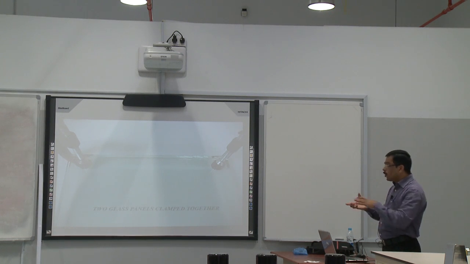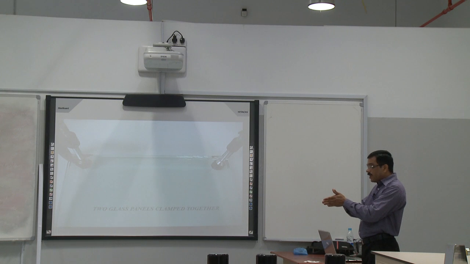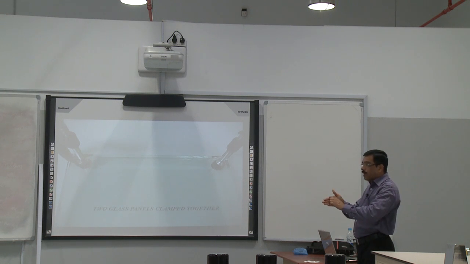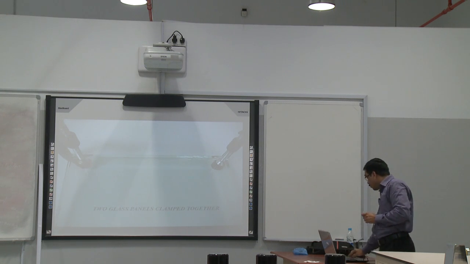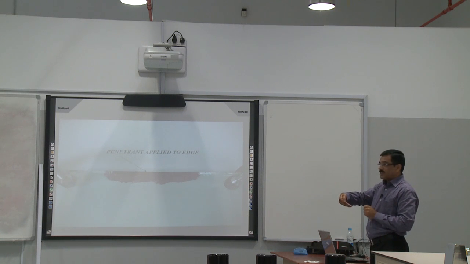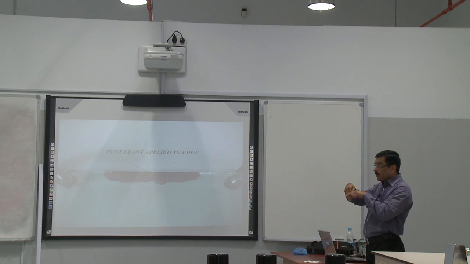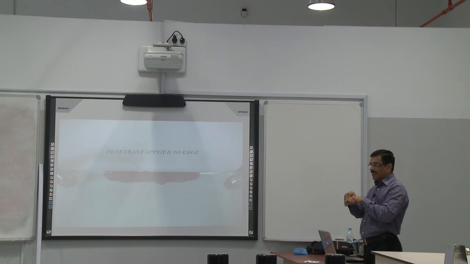This is two glasses folded together, and if there is any opening and we apply penetrant here, what will happen? The penetrant will enter into the openings. If there is any small opening between two materials, the penetrant will enter. That action we call capillary action, the capillary action of the penetrant.